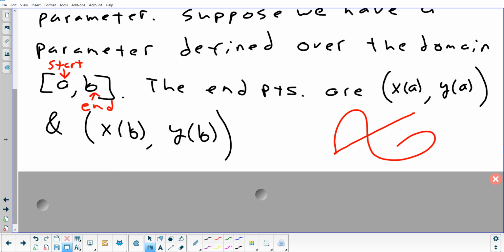Maybe it does something like this. Who knows, right? We don't know what it's doing in between the starting and the stop point unless we check more values. And that's what we'll use the calculator for. Because sometimes you have to sketch, I don't know, 50 or 60 points. Well, by hand, that's a lot. It's a real lot to sketch. But for the calculator, to plot a few hundred points, it'll take seconds.